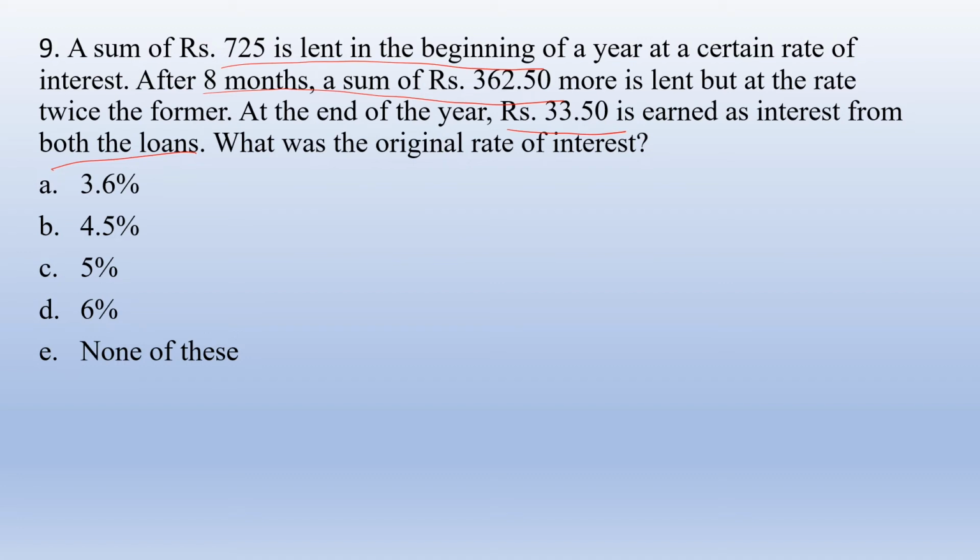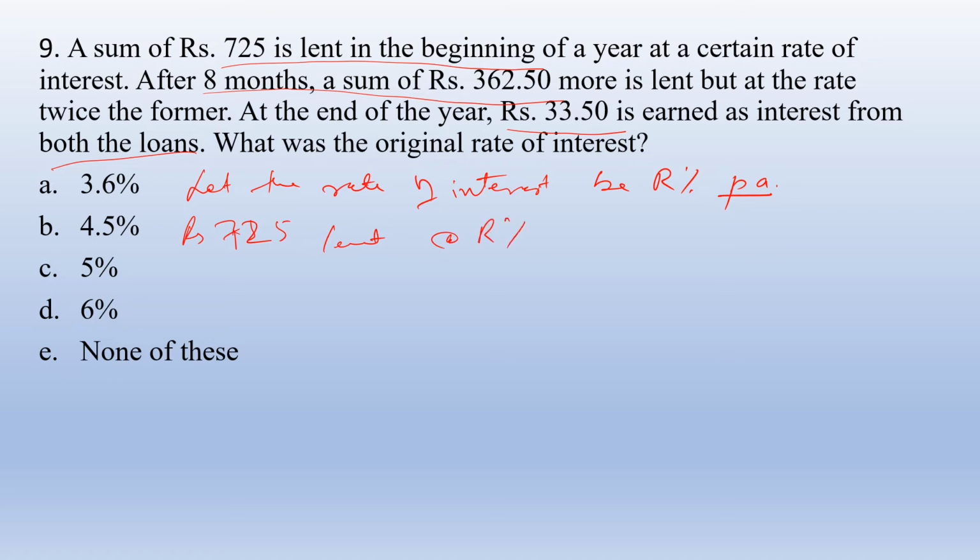Since it is not given, we'll assume the rate of interest to be R% per annum, and the sum of rupees 725 is lent at the beginning of the year at the rate of interest R% per annum.